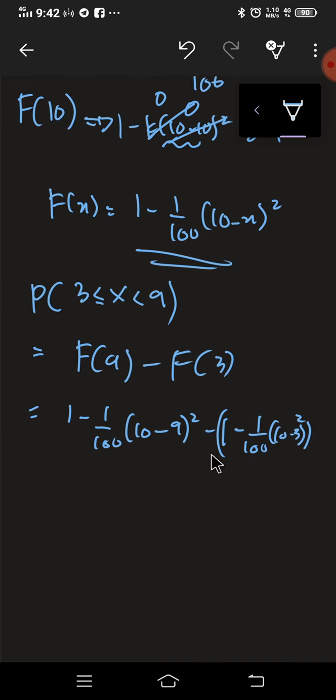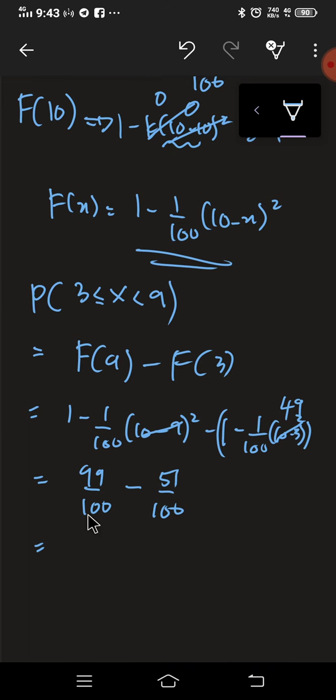Right? So what is the value here? 10 minus 3 is 7. 7 squared is 49. So 1 minus 49. And here it will be 1. 1 squared is 1. So 1 minus 1 over 100 will be 99 over 100. Minus this value, 1 minus 49 over 100 will be 51 over 100. So what do we get here?